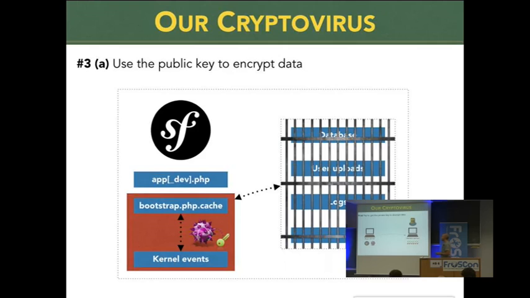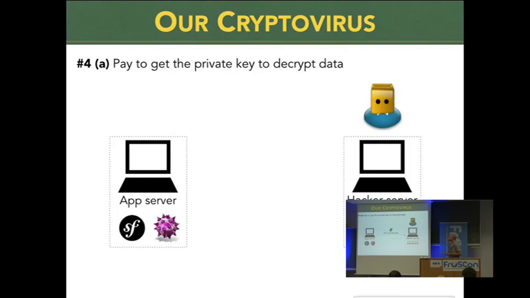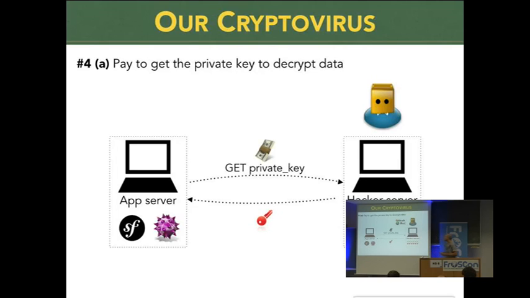So we will need to get that private key, obviously paying some money. Once we have the private key, we can get back that information. The hacker can use services like Bitcoin to add an extra level of anonymity. Okay. That would be a ransomware attack.